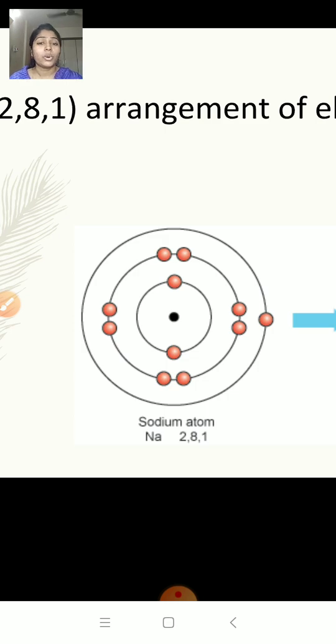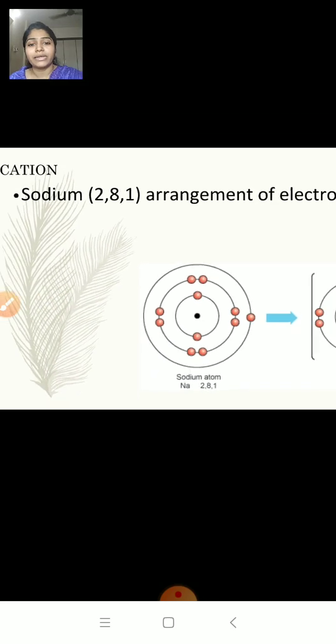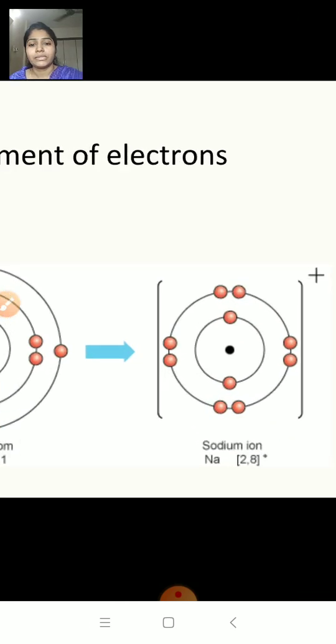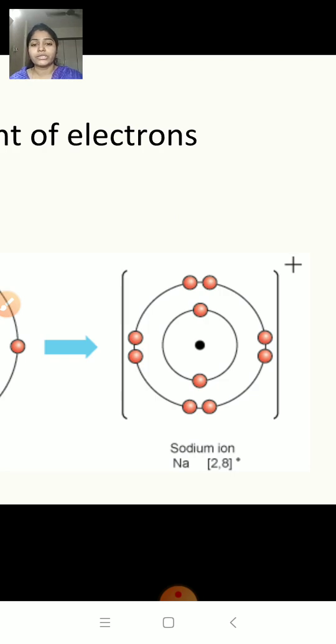Now over here sodium needs 7 electrons to make a total of 8. 7 is not possible because we can take only 3 electrons. So for sodium it is easy to lose 1 electron. When sodium loses 1 electron, the outermost shell will have 8 electrons. And as it is losing 1 electron, it becomes positively charged. That is, it becomes sodium ion, Na+.